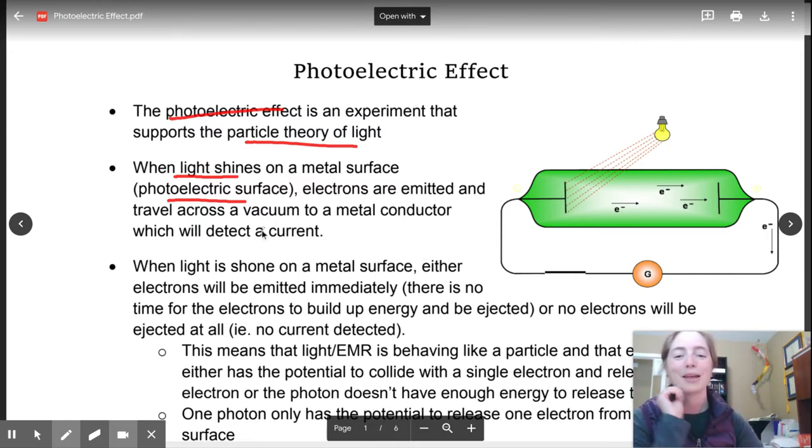Okay, so ladies and gentlemen, how this works is when you have your light shone on the surface, electrons are going to be emitted immediately. There's no time for these electrons to build and build, absorbing energy.